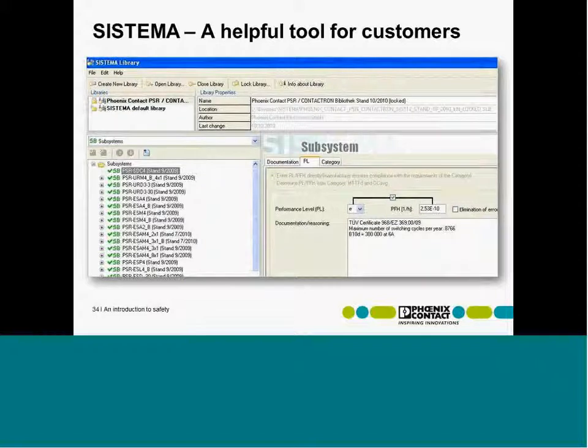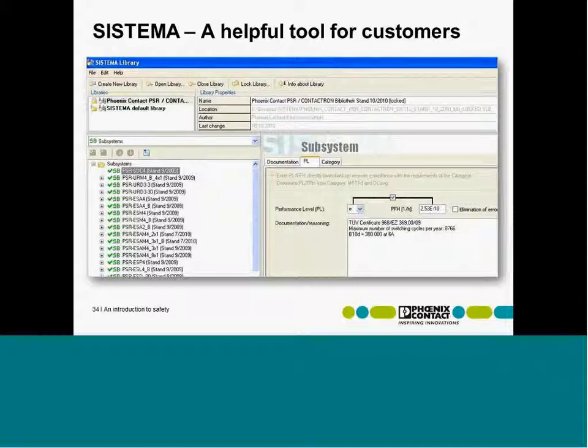In daily business, it's not in every case as easy as what I showed you. That's the reason why BG has developed a tool called Systema, which is free of charge and can be downloaded by everybody. You just need to register on the website of the IFA of Germany.